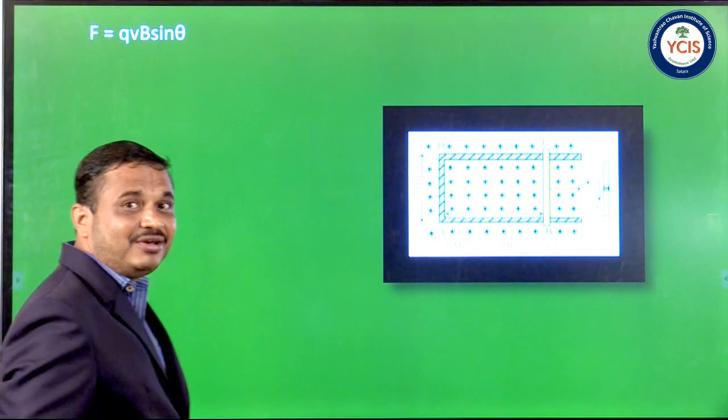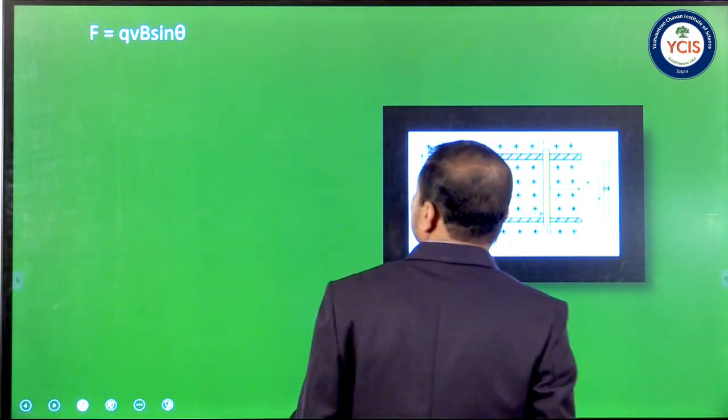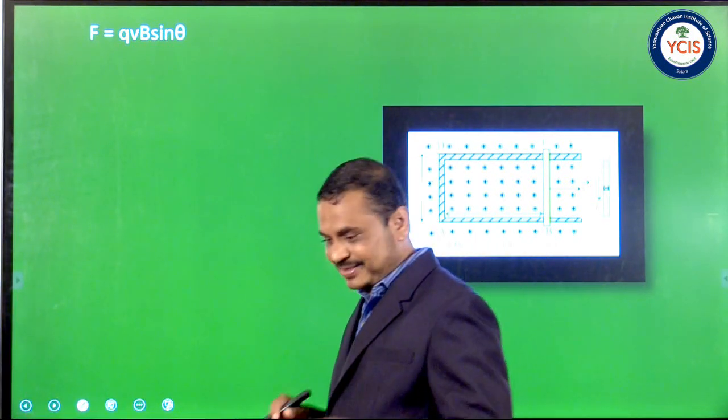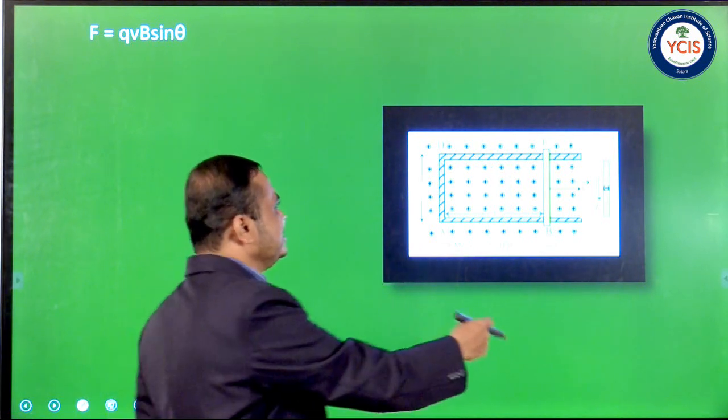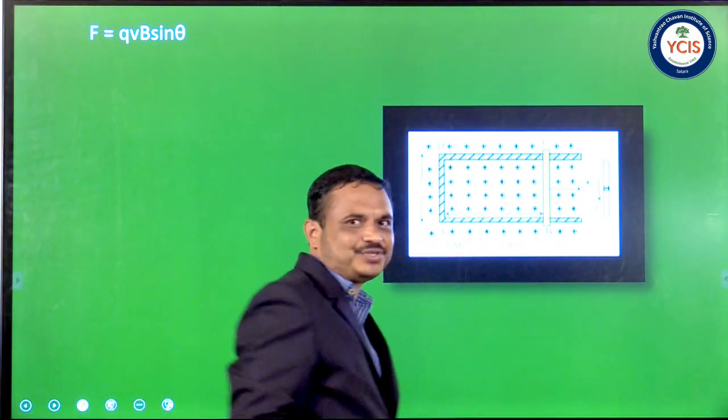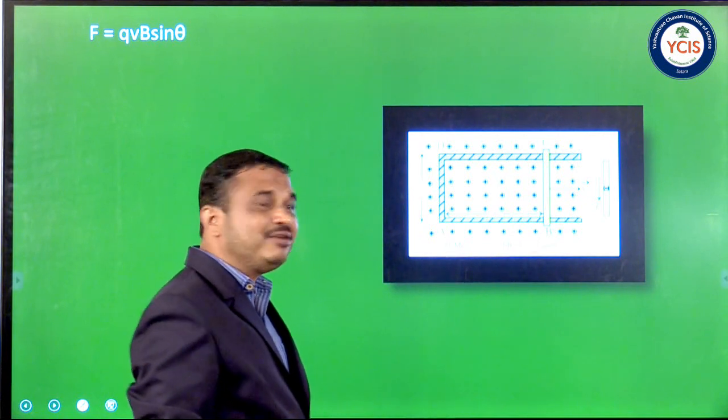The force acting on a free electron is given by QVB sin theta. Since the electrons experience a force, there will be a displacement of the electrons.